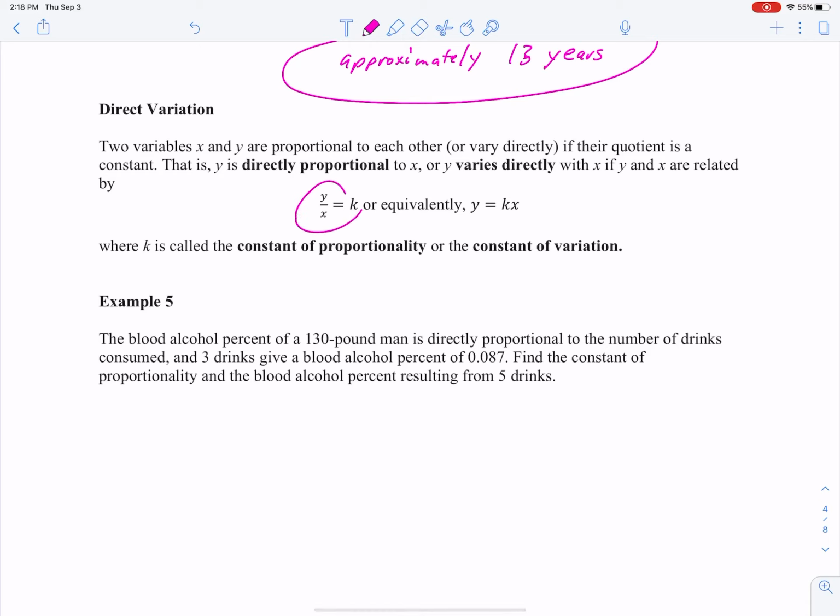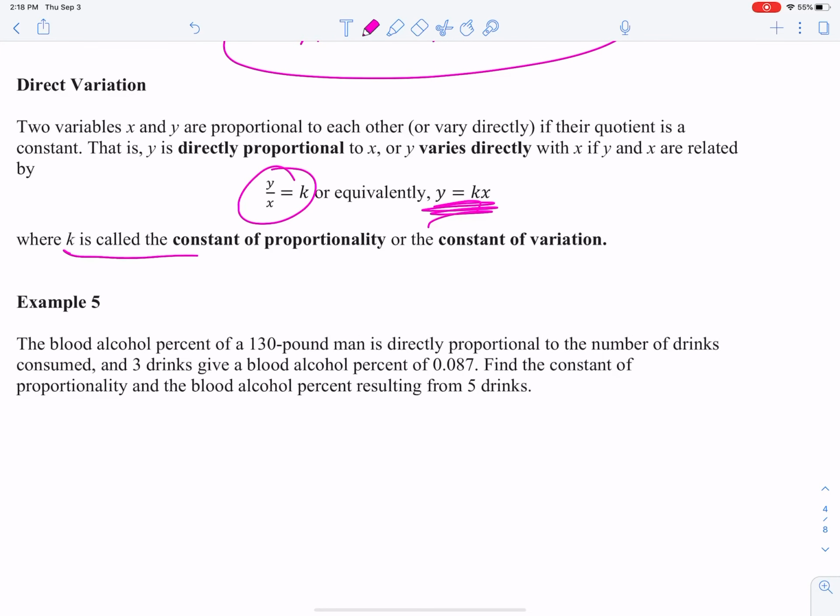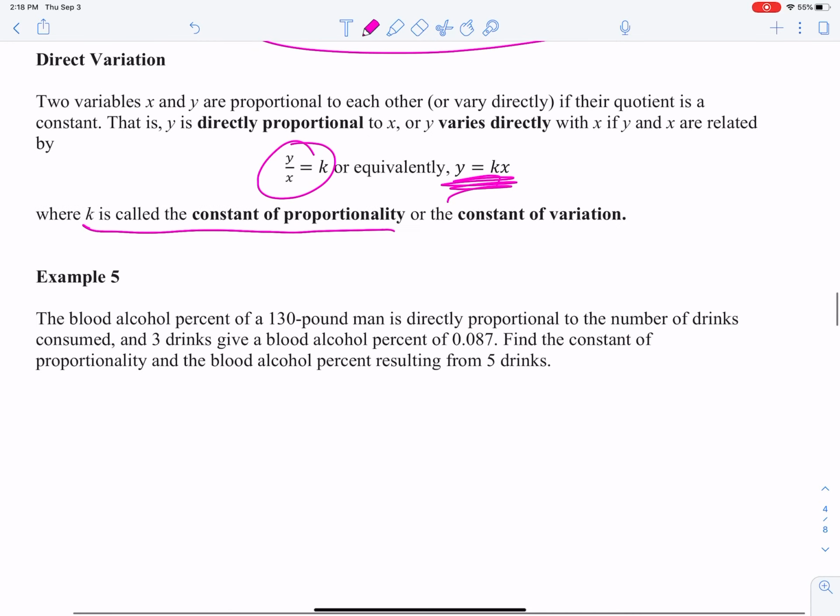So this is the one they usually show, but this is the version we're going to use. Okay, in other words, y equals kx. Now what you got to know is k is called the constant of proportionality or constant of variation, same thing. K is that multiplier that relates x and y together.